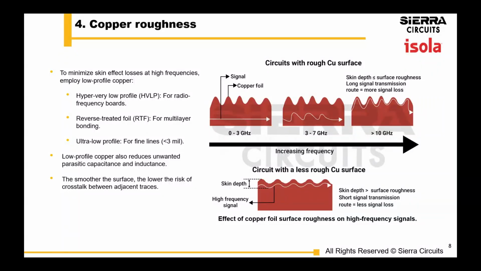So copper roughness is needed to bond to both sides of the material. And Isola will be discussing this in a little bit more detail. But you want to minimize any skin effect losses, and one way to do it is by picking low profile copper and understanding what kind of chemistry your fabricator is using to roughen up the copper as well.